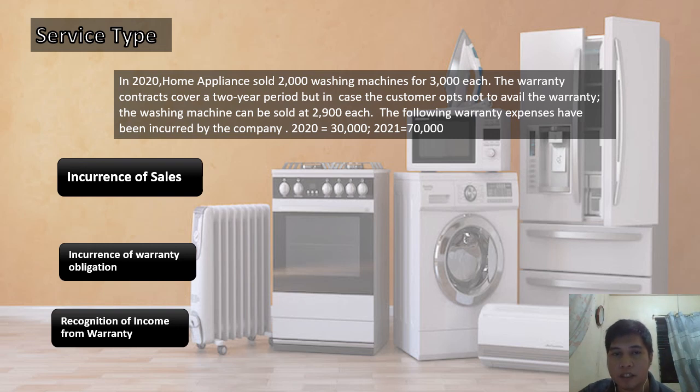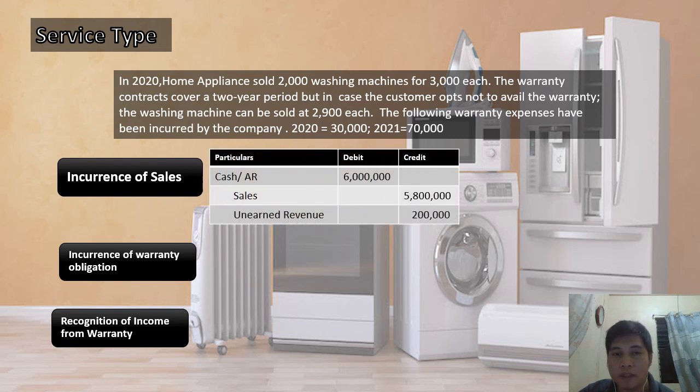Under the incurrence of sale, the price of the washing machine is 3,000 pesos, but if it is sold separately from the warranty contract, the amount is only 2,900. So the journal entry should be, debit cash 6 million, because the amount received is 3,000 times 2,000 units.